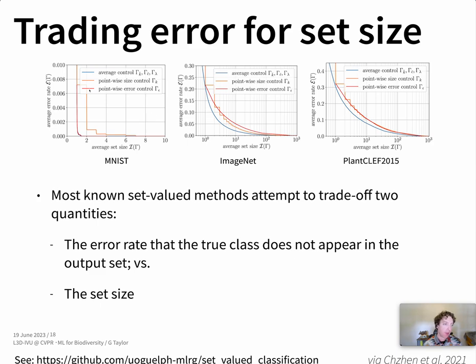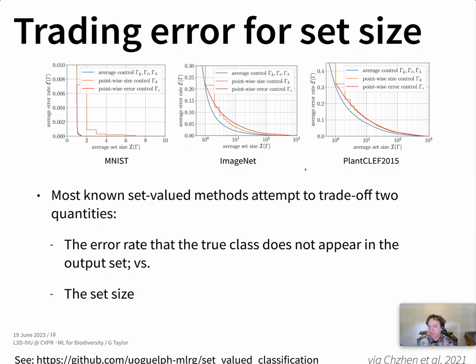And so the red and the orange methods enforce constraints either on the error while allowing the set size to adjust, or on the set size while allowing the error rate to adjust. And then there's also the average control method.